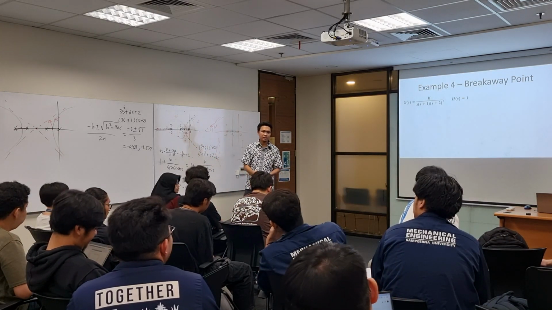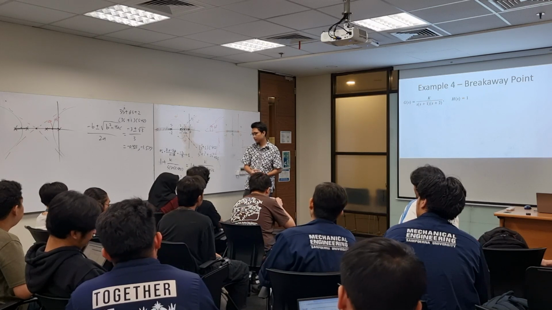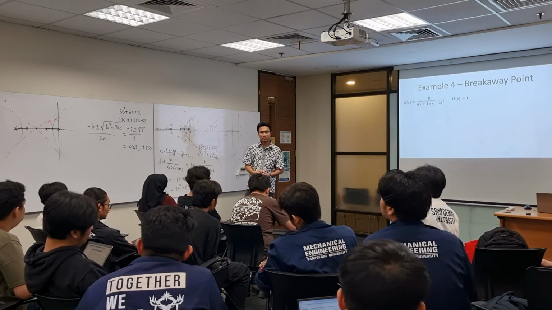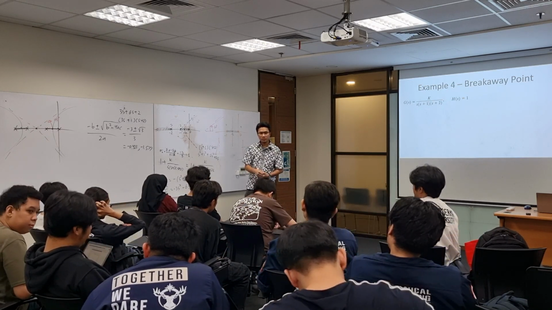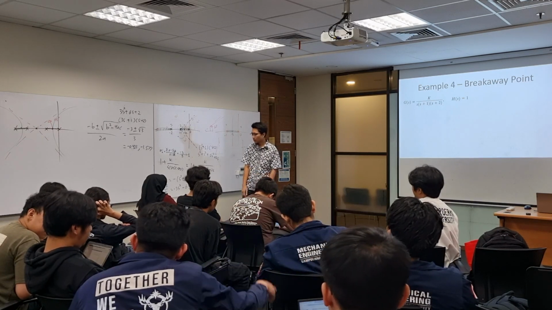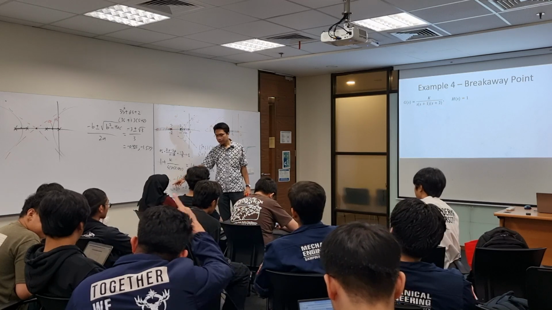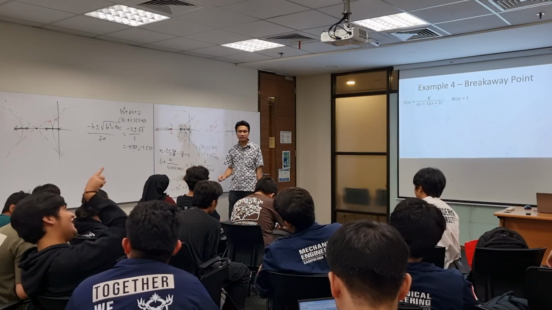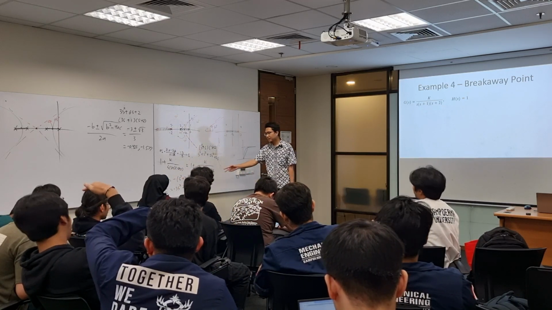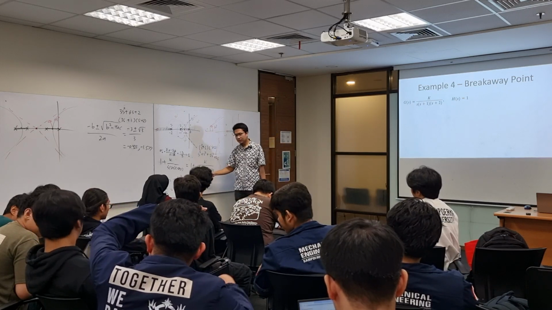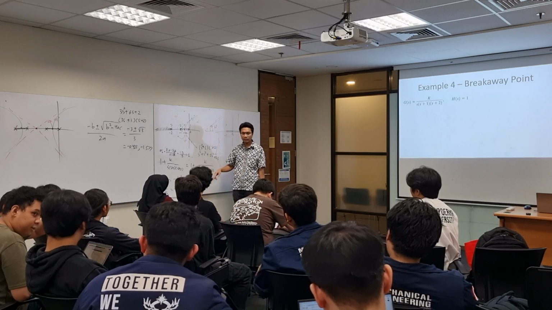So we want to make it equal to 0. This is a function of k in s. This is not the roots, this is not the pole. We are not trying to find the pole.